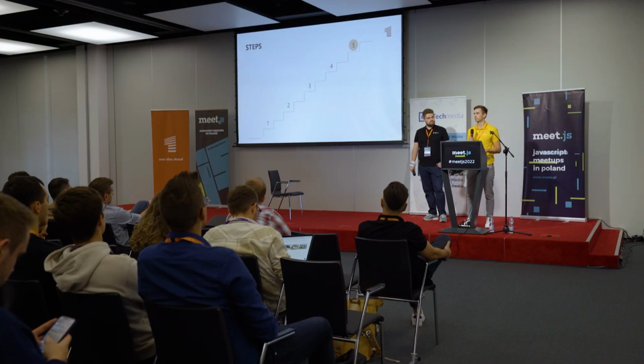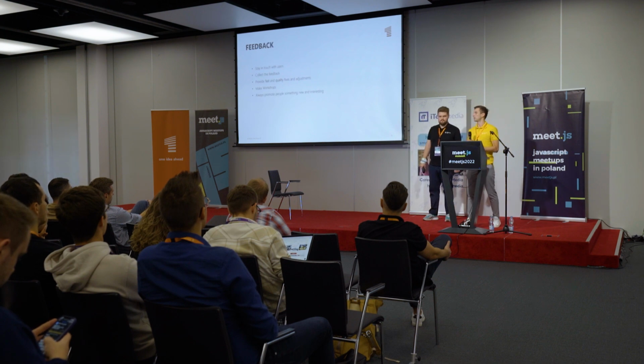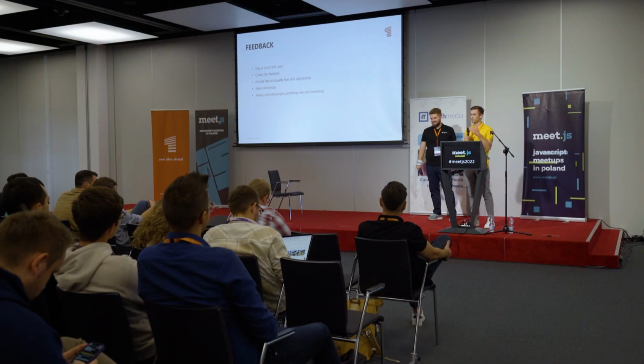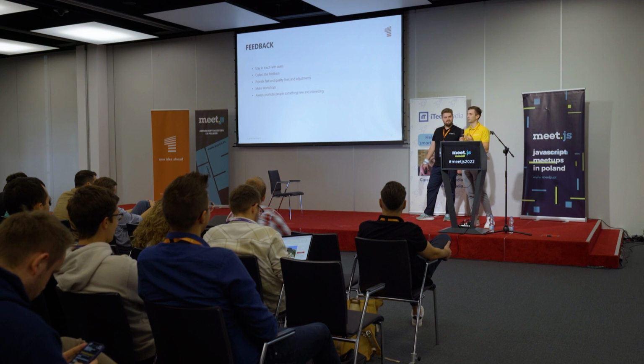The next step, and I think it's one that everyone forgets, is feedback. When your library grows, you know that you will have bugs and stuff that doesn't work and that we should improve and adjust. So ask your users what is wrong in your library and what we can adjust, and provide fast, quality fixes and adjustments to show that you can do it quickly.